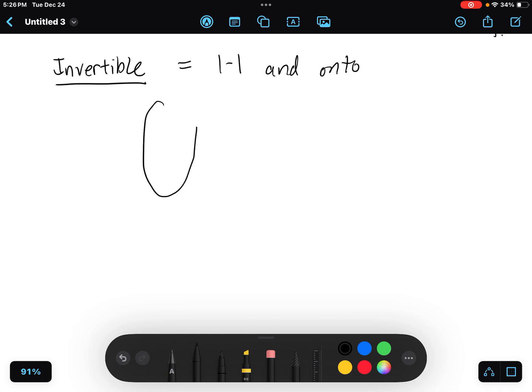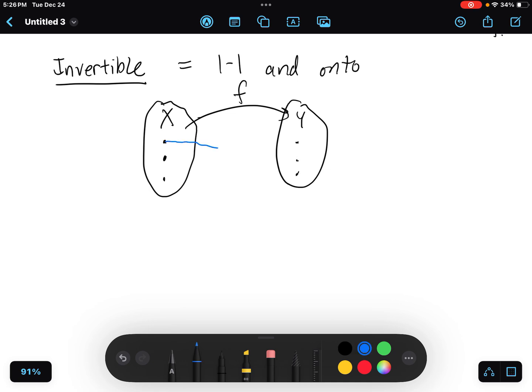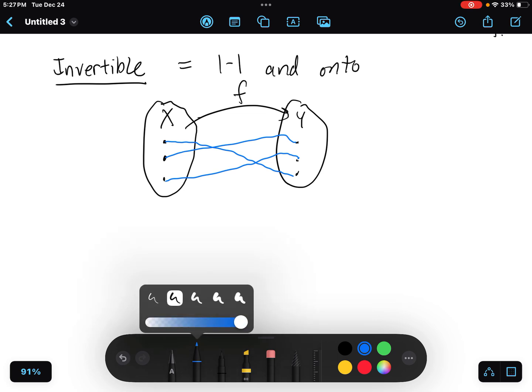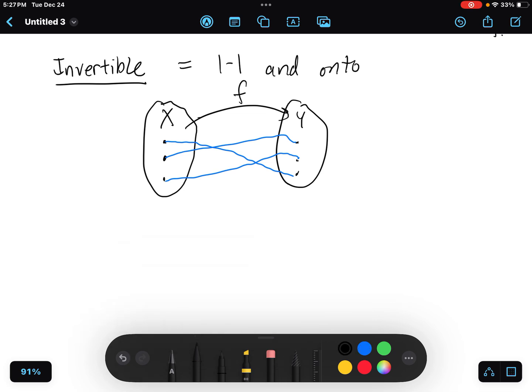So that's the case where you have a function from X to Y, and there's a perfect match between the elements of X and the elements of Y. For instance, this point can go to that point, and this point can go to that point. This is an example of what's called a one-to-one correspondence.